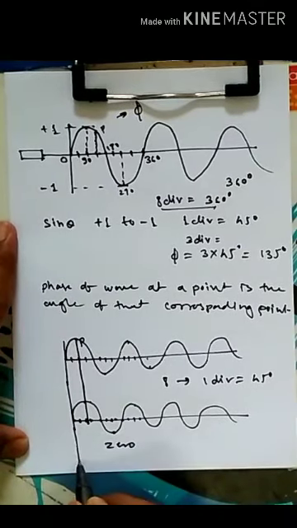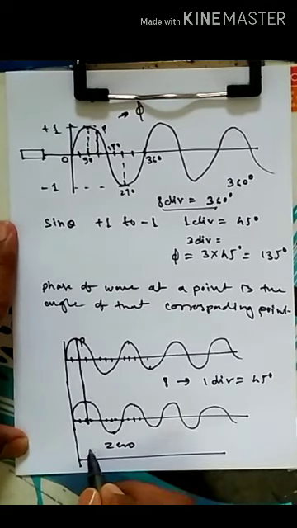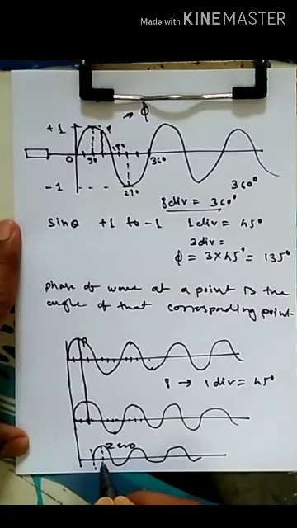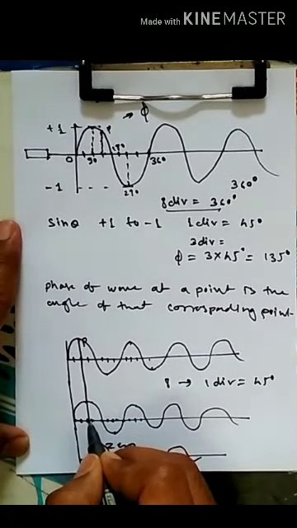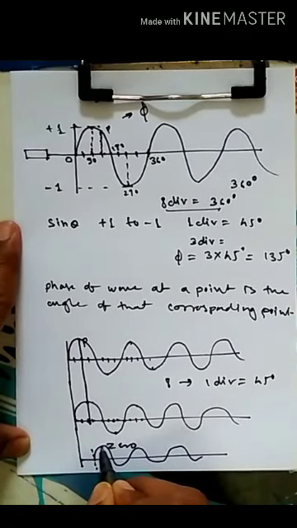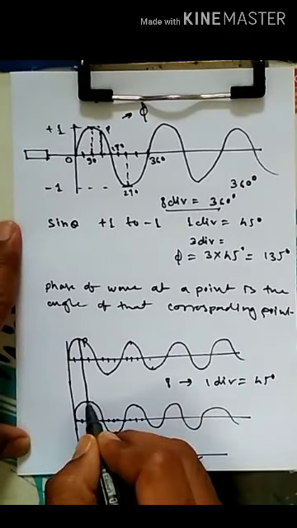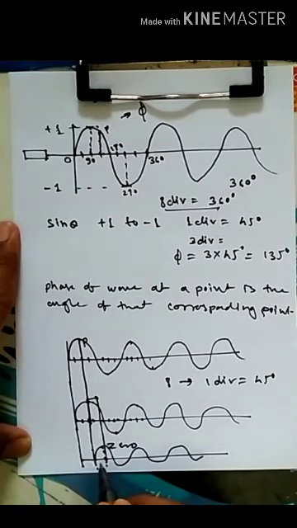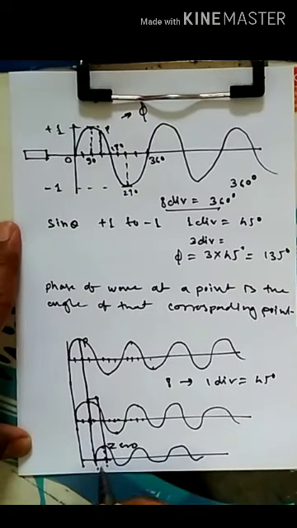If suppose I draw another wave starting from here, like this, and I find the phase difference between this point and this point, crest to crest, I can make a rectangle between them.